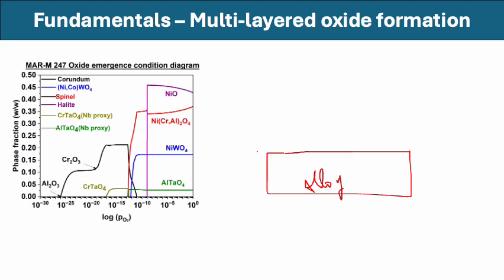And our initial condition, as I told you, the oxygen partial pressure in ambient air is 0.2. So which means you go here, so this is somewhere where we are. Here we see we can form spinel, nickel oxide, the nickel tungsten oxide, as well as this aluminum tantalum oxide.